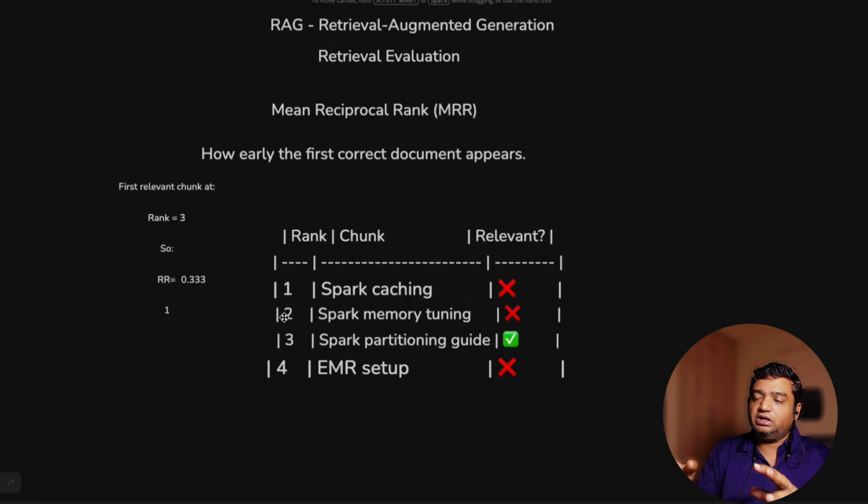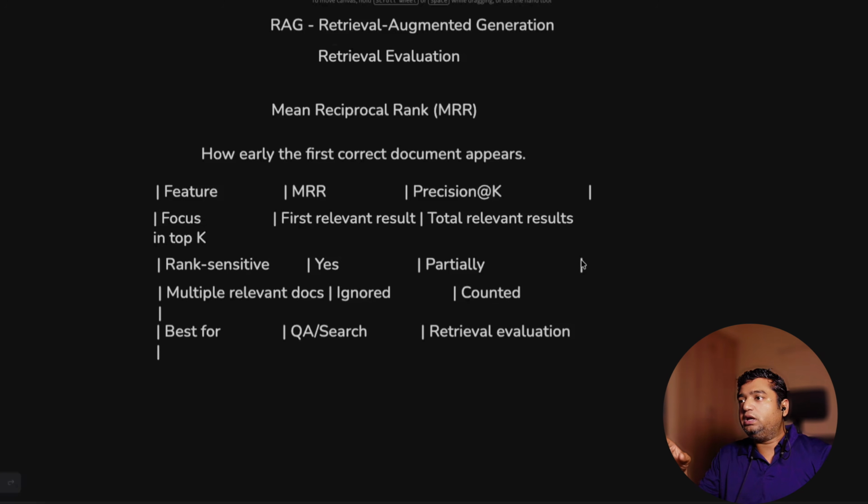Now we'll see how MRR is different from precision and recall, which we have just seen. When we compare MRR with precision, this format is not good. In this Excel row, I was not able to create the correct format, but I will make you understand. I have added features here. Is it available in MRR, and is it available in precision?